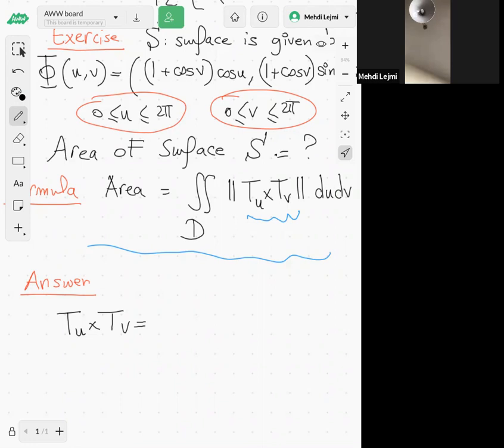If you simplify using trig identities, then the norm of this thing would be equal to 1 plus cosine of v.